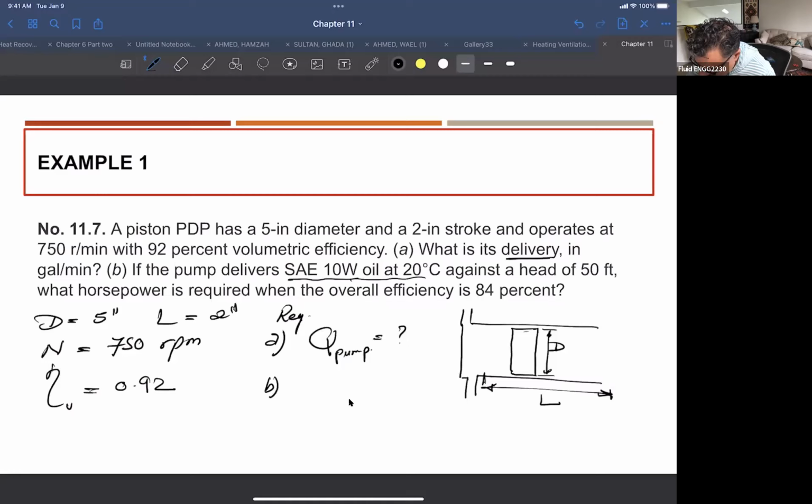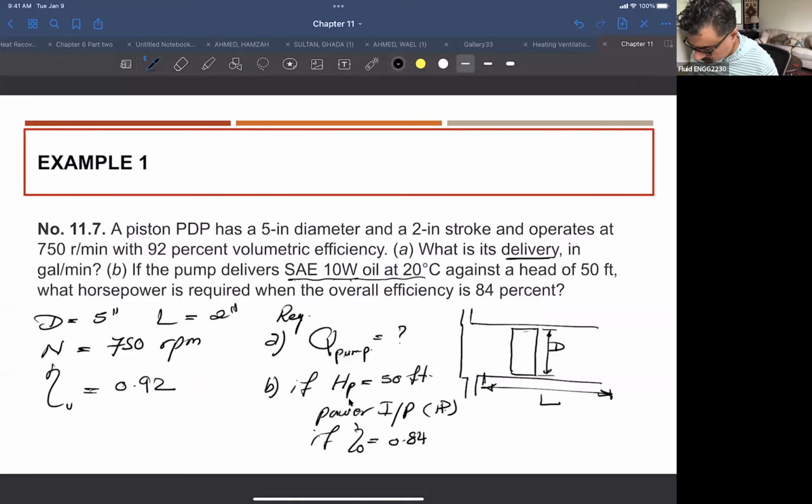So B, if pump head is 50 feet, and driving this fluid of 10W oil at 20 degrees C, what is the horsepower required? The power input, in horsepower, if overall efficiency is 0.84.